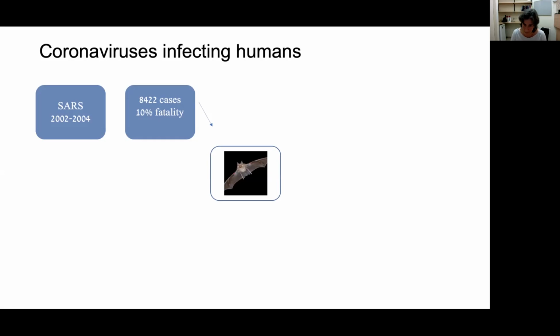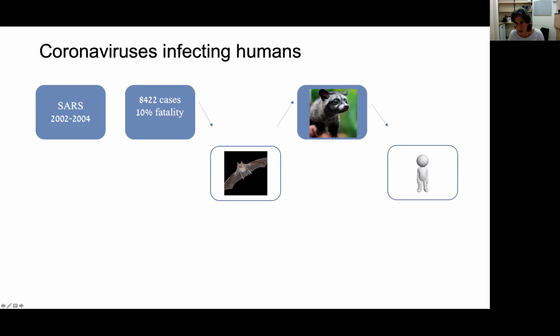Okay. That animal was found in 2002 to be a civet, which is the animal you see here. That was the virus that was closest to the virus found in humans, and from those civets, it was found to transfer to humans.